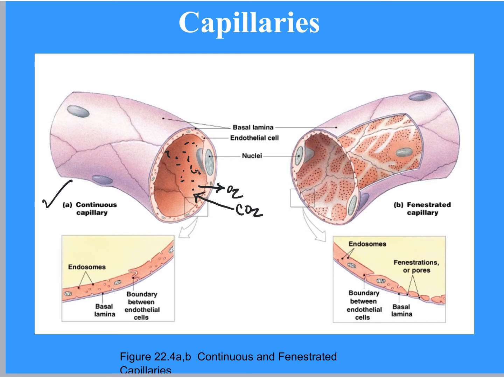But if we look over on the right, in a fenestrated capillary, more products are going to more easily leak out through these fenestrations, these little black dots that you see here. All of those are teeny tiny little holes that are going to allow for greater amounts of material to either pass out of the vessel or into the vessel.